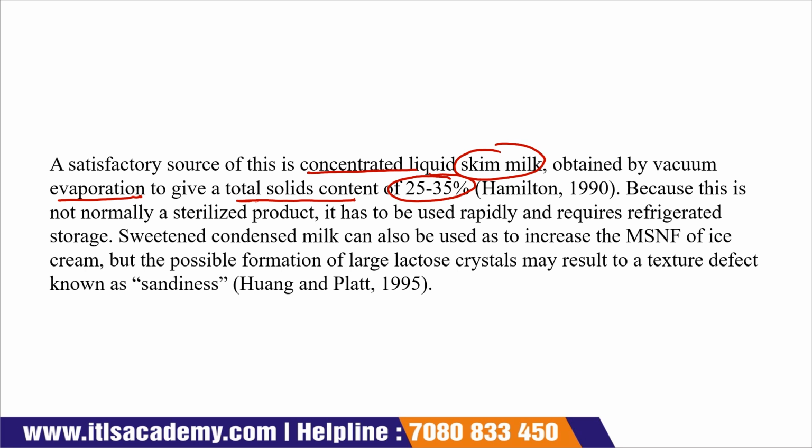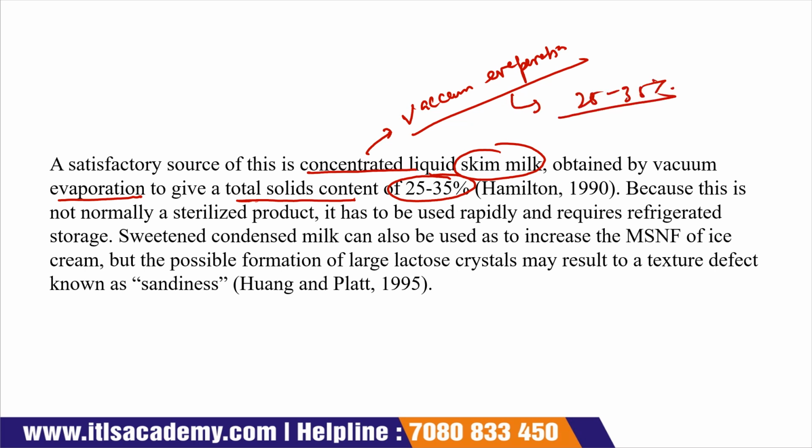It is obtained by vacuum evaporation, and when it is prepared by vacuum evaporation, then the total solid content is around 25 to 35%. Because this is not normally a sterilized product, it has to be used rapidly and requires refrigerated storage conditions.